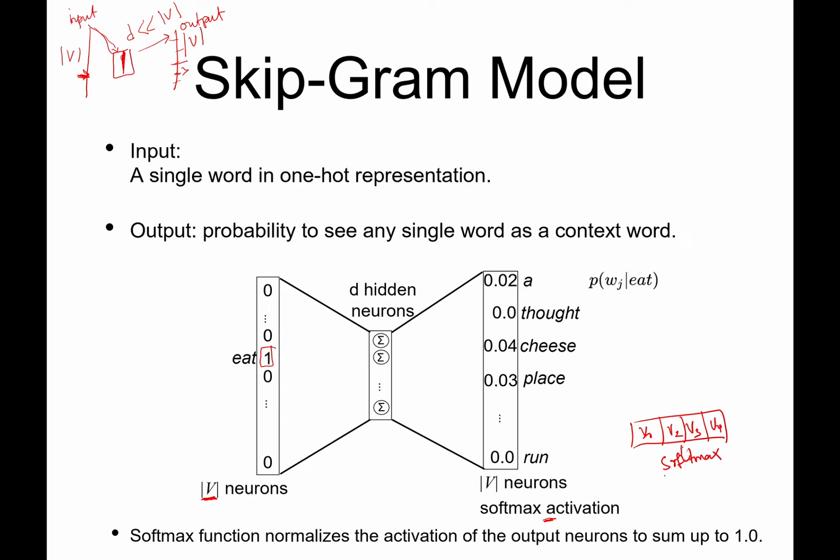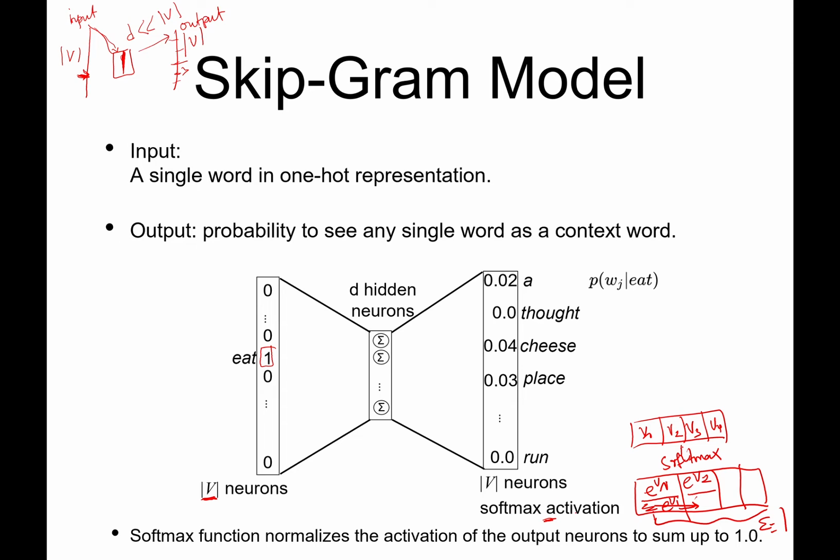For each of these values, for example, the first one will be exponential of v1 divided by the sum over i of exponential of vi. And here, exponential of v2 divided by the same thing. So these will sum up to 1, they will all be between 0 and 1, and they will be positive values. So it looks like a probability distribution.